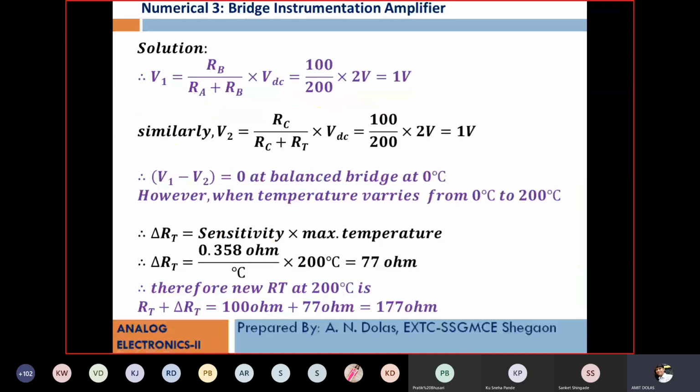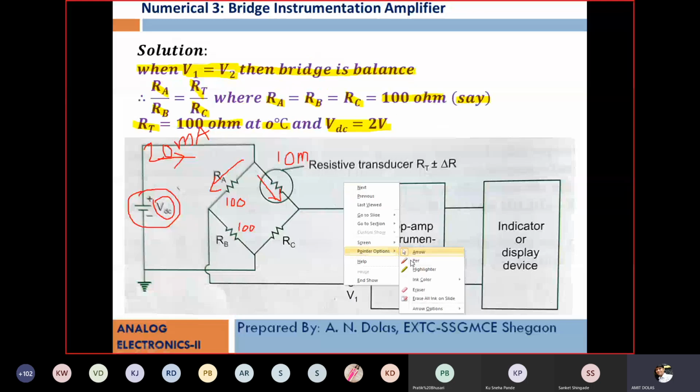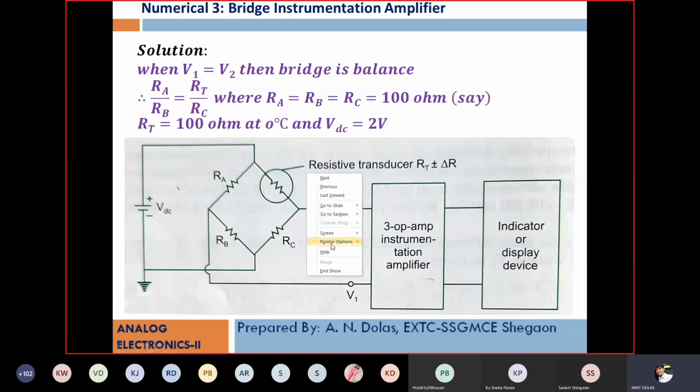Now the further steps, that is V1. How will you calculate V1? V1 is the voltage here, connected at this point in between RA and RB. So V1 will be the voltage across RB.